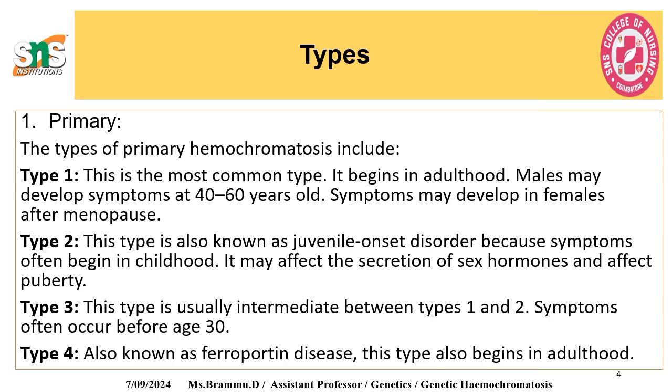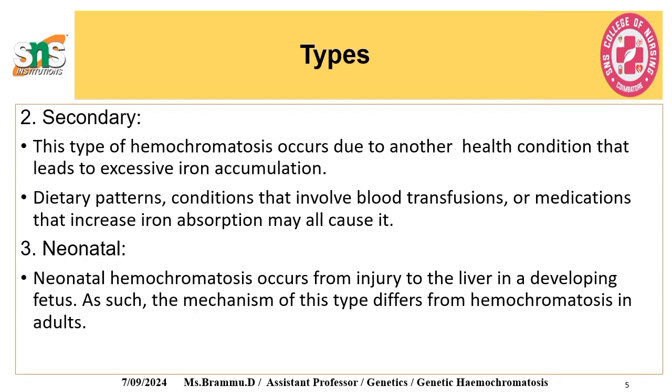Type 1 is mostly in adults, with females more affected after the menopausal stage. Type 2 is purely of juvenile onset, that is in childhood, and this mainly affects the secretion of the sex hormones as well as the puberty of the child. Type 3 is intermittent and can occur at an age before 30.